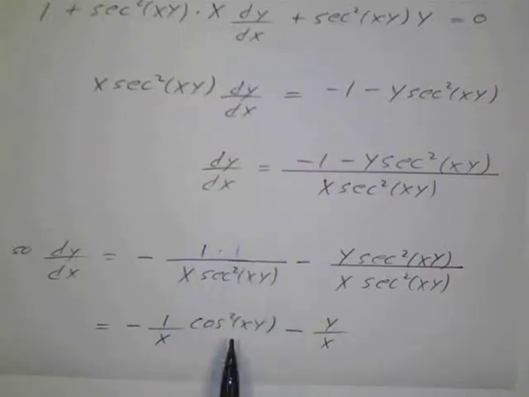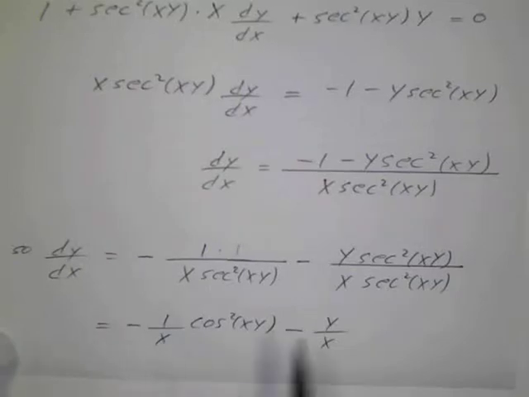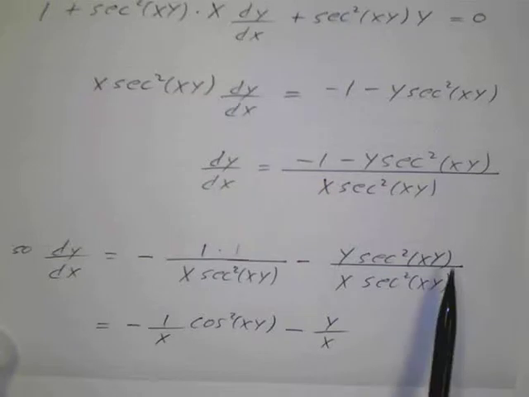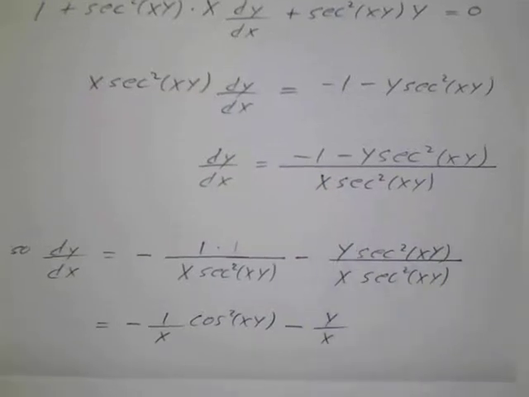And 1 over the secant squared of xy is the cosine squared of xy. In other words, if 1 over the secant is the cosine, 1 over the secant squared is the cosine squared. So I have a negative 1 over x cosine squared of xy. And then secant squared xy over secant squared xy is 1. So this is what we have: minus y over x.